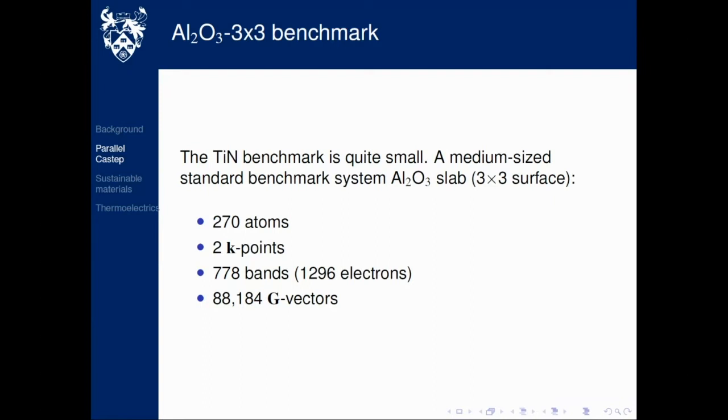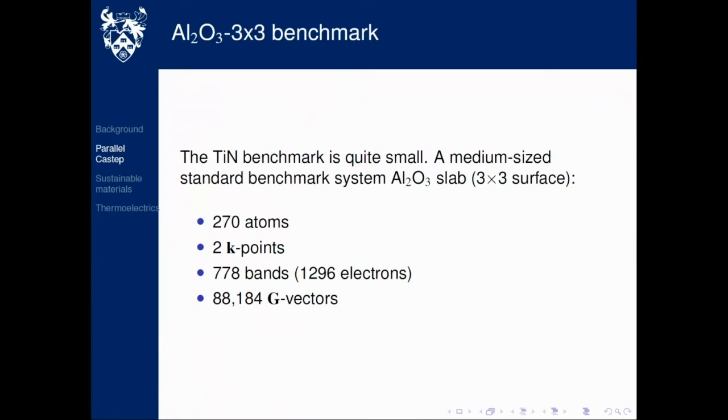This is another surface calculation from a scientific investigation onto Sapphire Al2O3. And it's a 3x3 surface cell here, which means we've got getting on for 300 atoms. We're down to only 2 K points. Remember, the K points go down for bigger systems. We've got quite a lot of electrons, over 1,000 electrons.